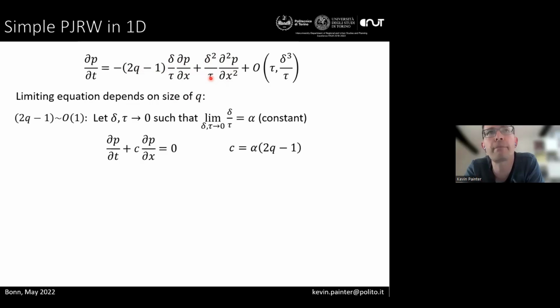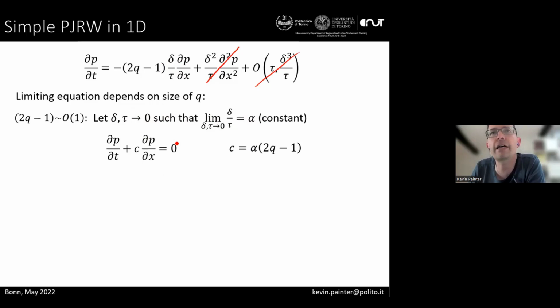So let's first suppose that this 2q minus 1 is of order 1. In that case, we're going to let delta and tau tend to 0, and we're going to do that in a way such that the limit of delta over tau as they tend to 0 is equal to some constant c. Then if we assume this, this term will disappear, and all of these terms will disappear as well.